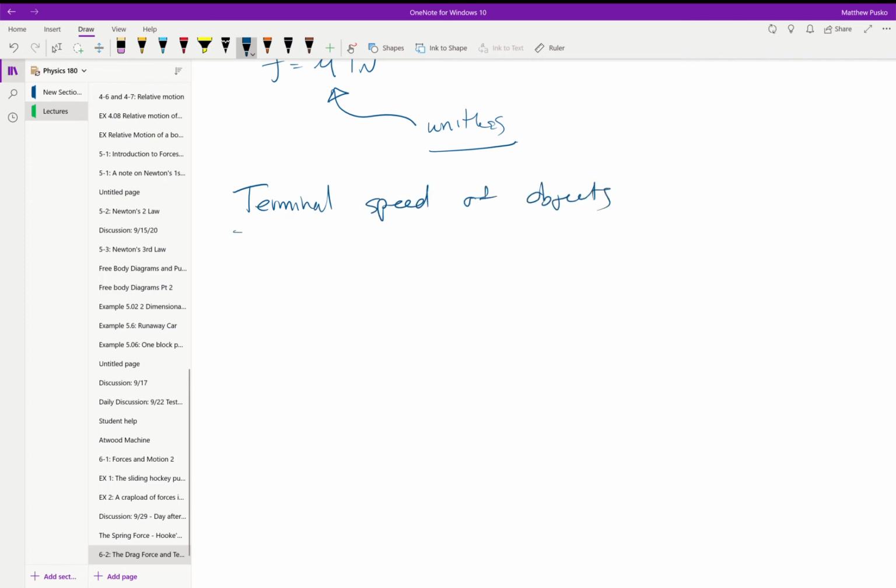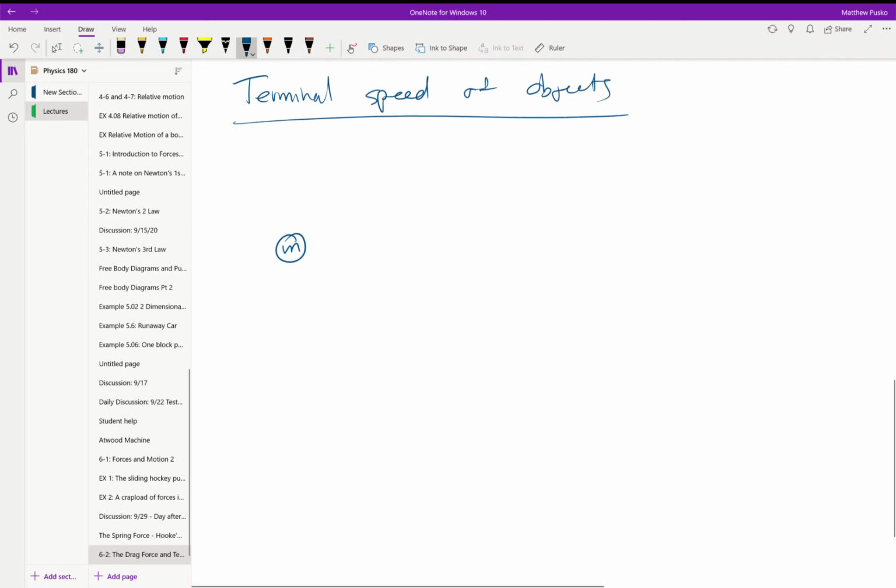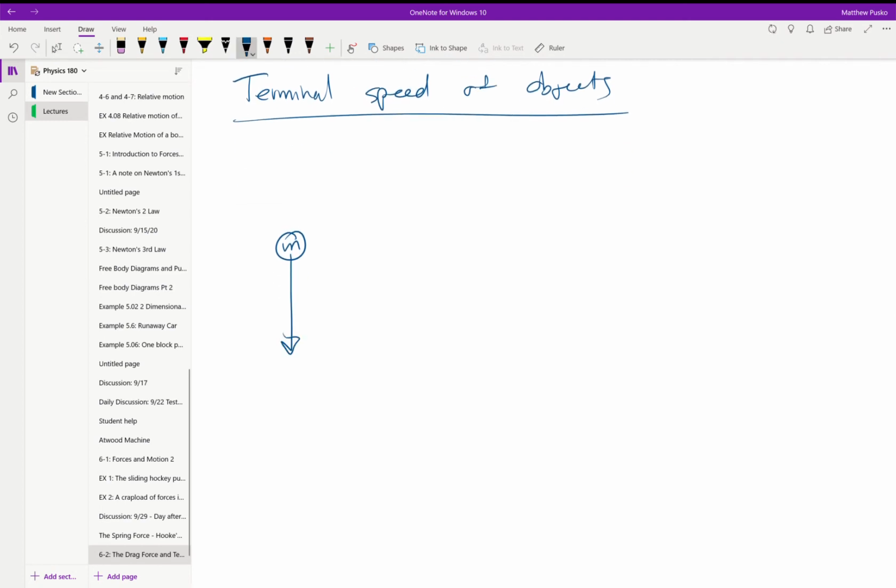What is terminal speed? Well, if we have an object, let's just say we have a mass, and the only force acting on it is mass times the acceleration due to gravity, and we also have some drag. We get terminal speed when the acceleration goes to 0. Basically, if we've released it from rest, it's going to speed up, get further and further away, right?